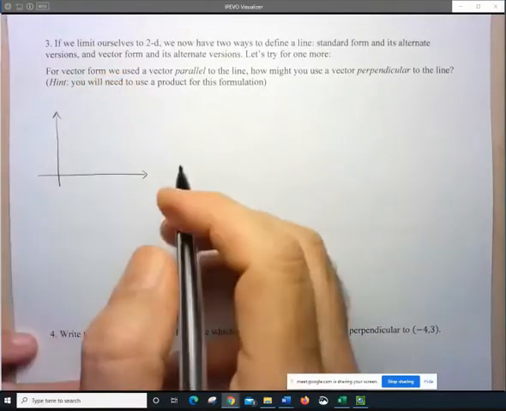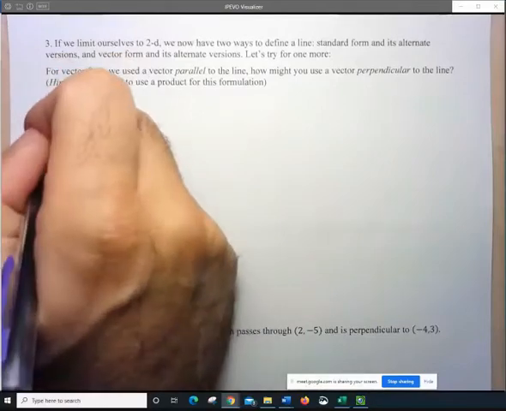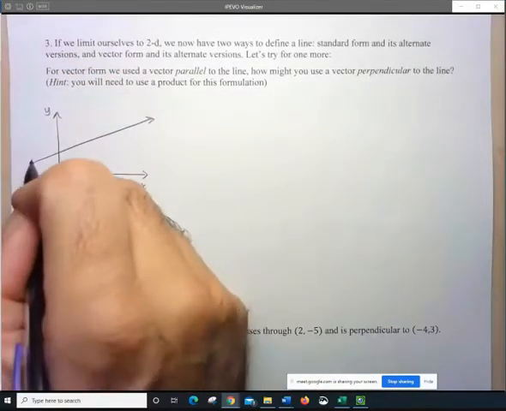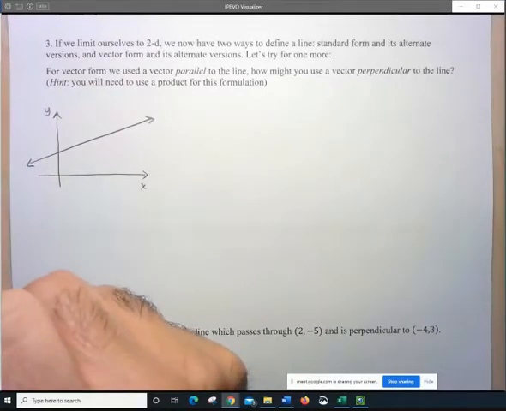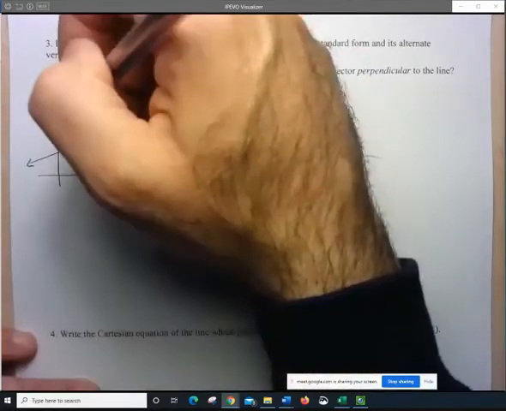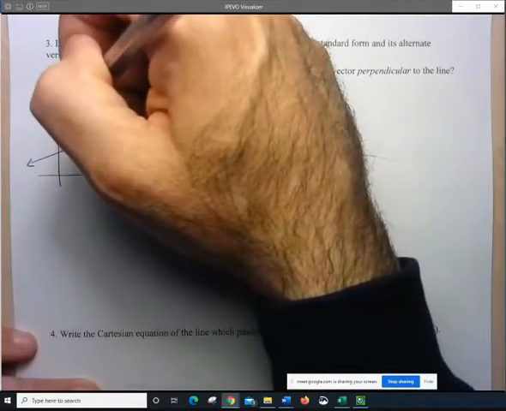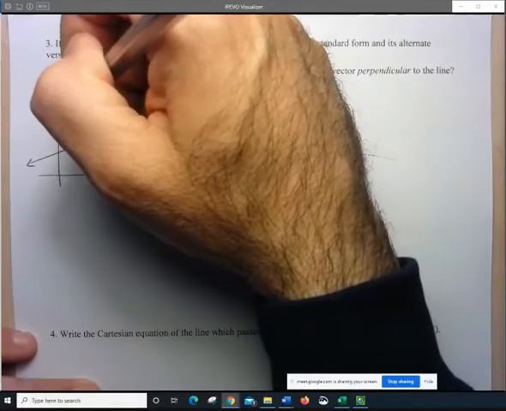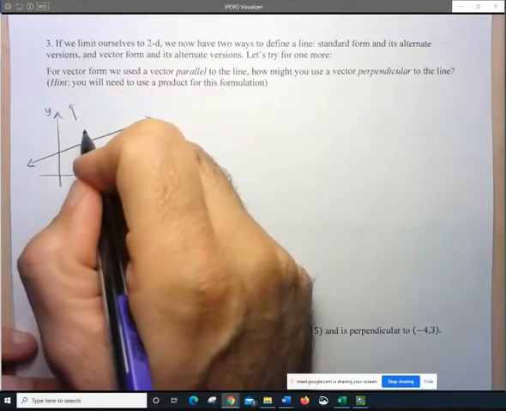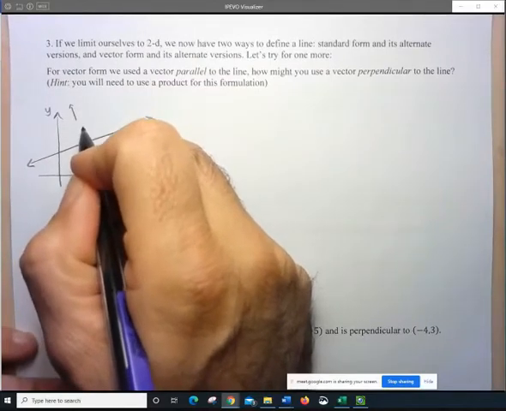I'm living in 2D here, and I've got some line. Instead of using a vector parallel to the line like I did before, I'm going to use a vector that's perpendicular to the line. If I were to draw it, I can move it anywhere I like.